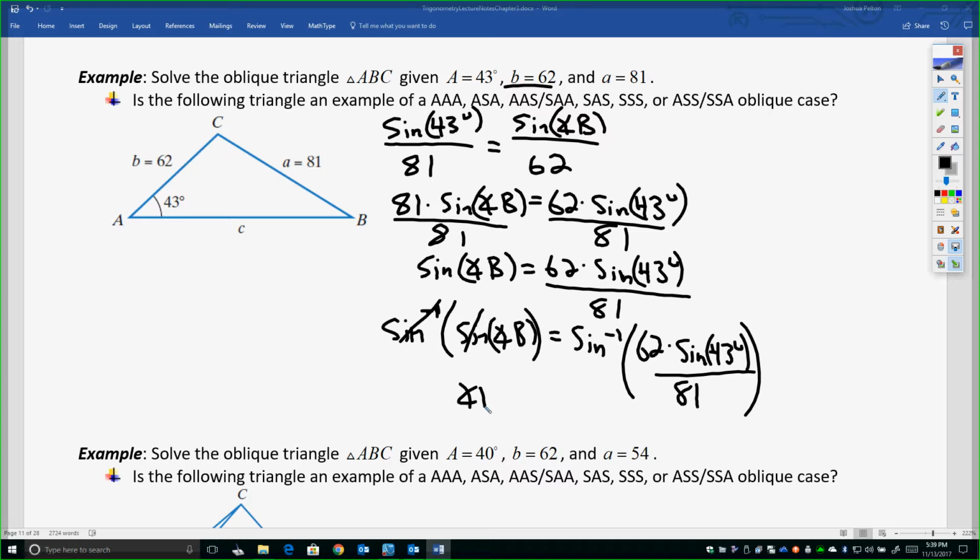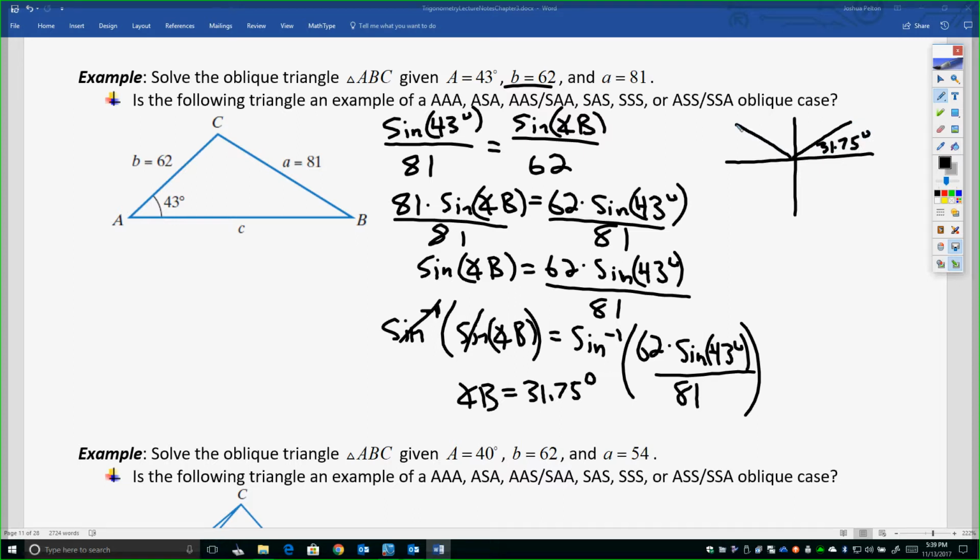So angle B equals 31.75 degrees. Here's the thing though: the calculator lies to you. The calculator says only the first answer, which is 31.75 degrees.